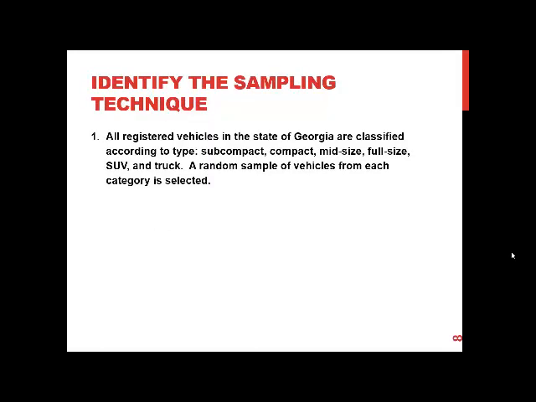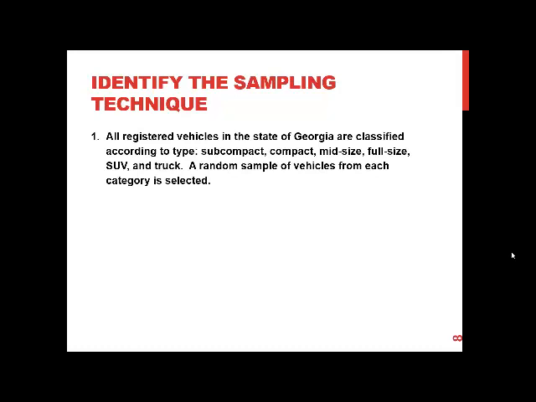So let's look at some examples and see if we can figure out what sampling technique was used. All registered vehicles in the state of Georgia are classified according to their type of vehicle: subcompact, compact, midsize, full-size, SUV, and truck. A random sample of vehicles from each category is selected.